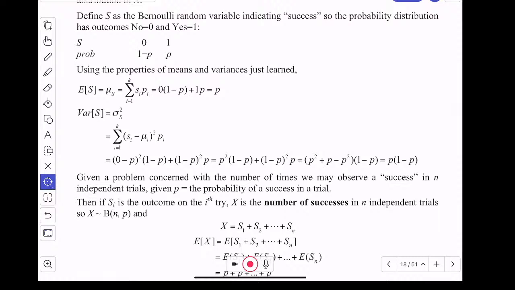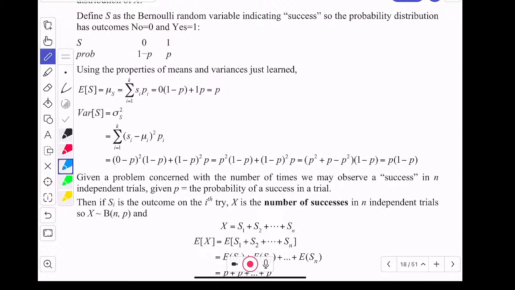So here I define each trial as the Bernoulli random variable, indicating success, so that the probability distribution has the outcome no or yes. It was not a success or it was a success. So the chance of success is p, the chance of failure is 1 minus p, so we know that.